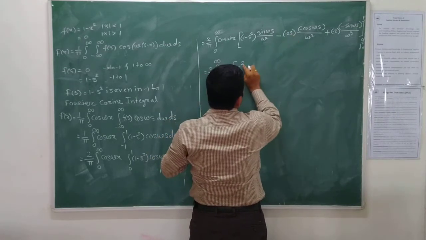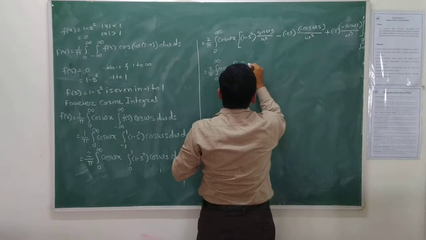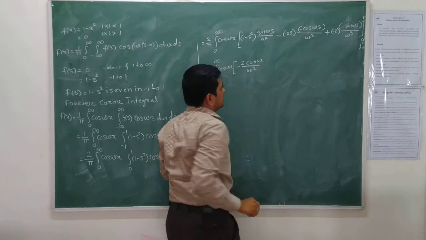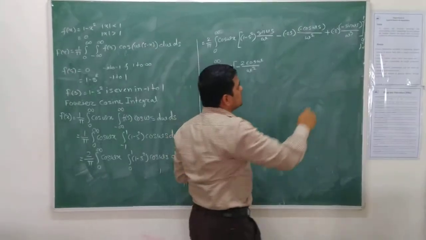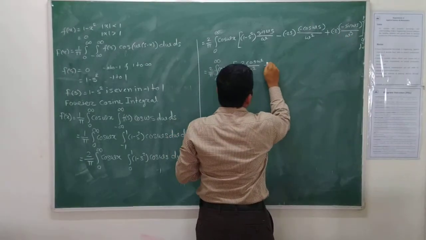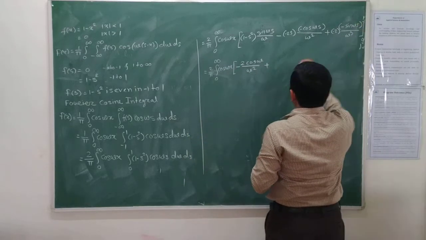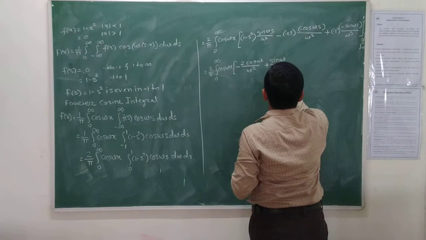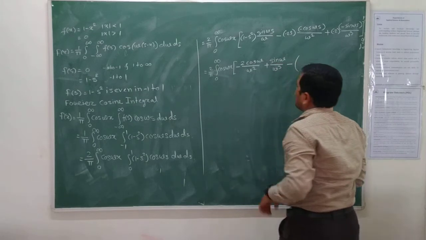S is 1, so we get 2 there, then cos omega upon omega square. Next, this minus minus becomes plus. S is 1, so we get sin omega upon omega cube.